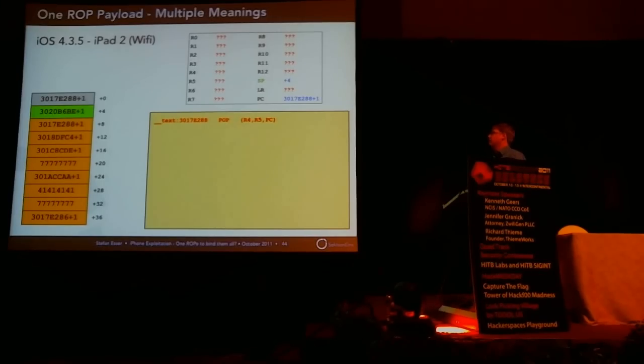Finally, we come to the iPad2 Wi-Fi, and this time this looks like something usable. Because this time we just end up on a pop opcode, which will pop the R4, R5, and the program counter from the stack. Well, we can just do that, and now we have filled R4 and R5, and we're at a different program counter, and our stack pointer has moved, and we are in another gadget, which obviously moves R4 to R3 and then jumps somewhere else.